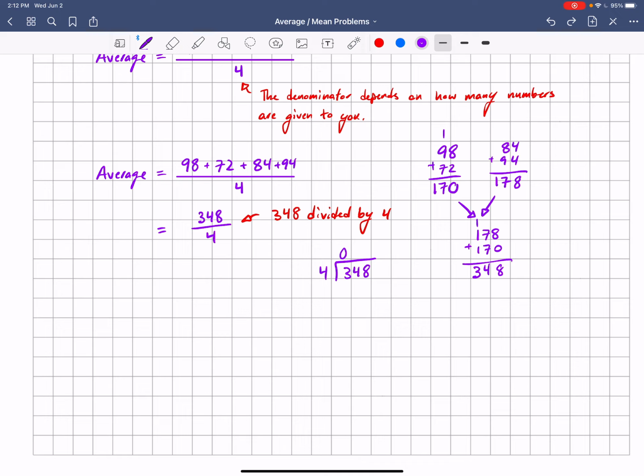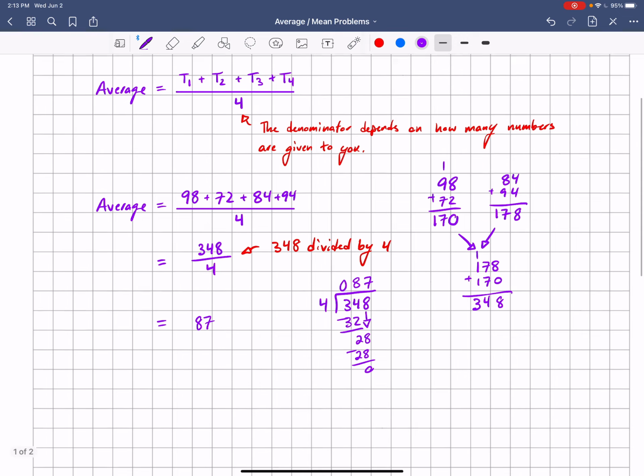It goes in 8 times. 8 times 4 is 32. So we'll subtract 2 from 4. We get 2. 3 minus 3 is 0, but we don't need to put that. We'll bring down the 8. And 4 goes into 28 7 times. So 4 times 7 is 28. So we subtract that. We get a remainder of 0. So the average score that Gabby gets is an 87.